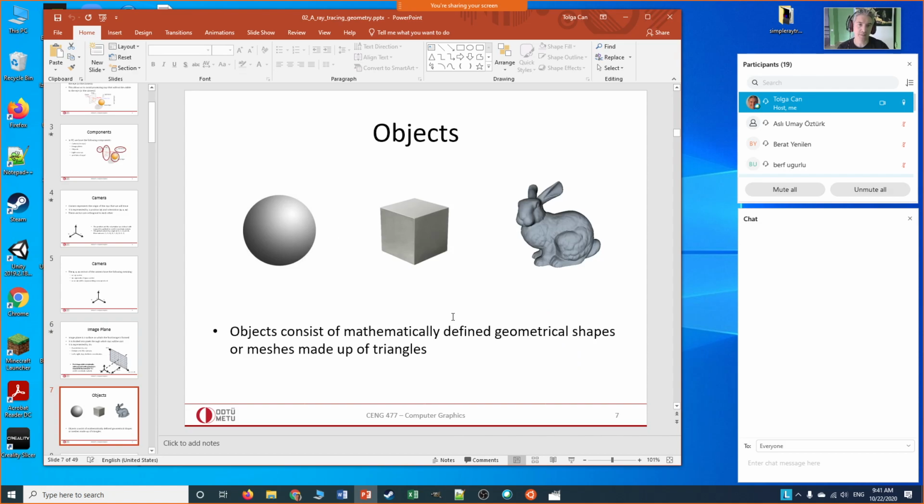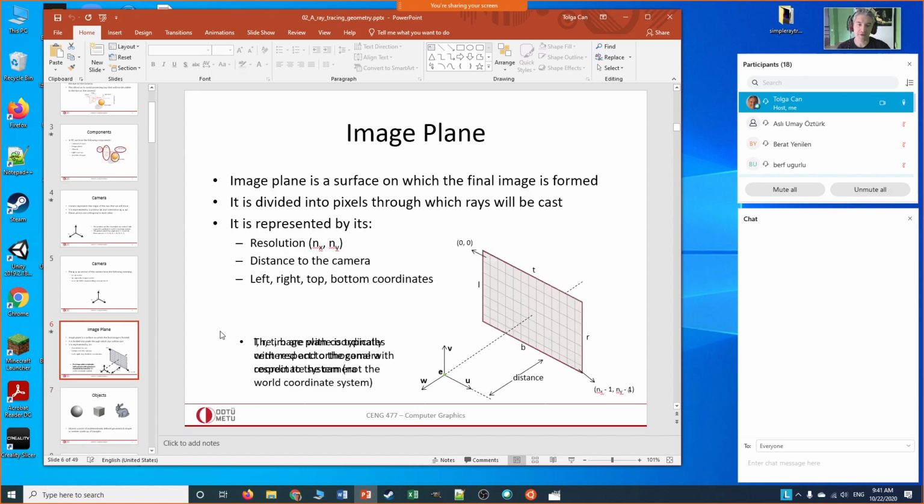So we are going to see ray-triangle and ray-sphere intersection methods, or the mathematics of it, and also how we generate our rays given an arbitrary camera position, an arbitrary gaze, and an arbitrary location of the image plane.